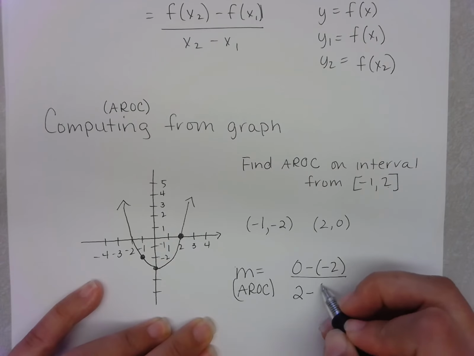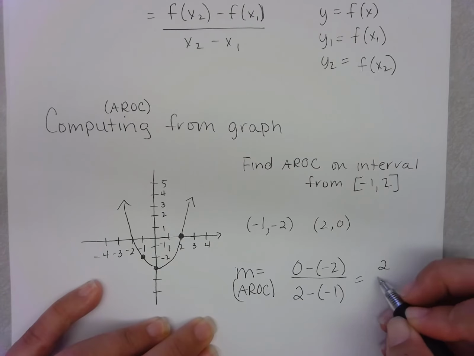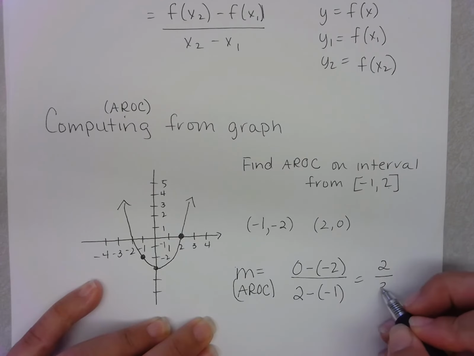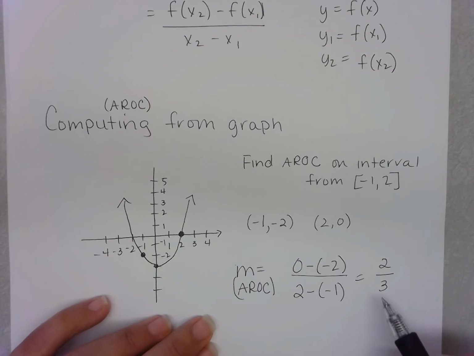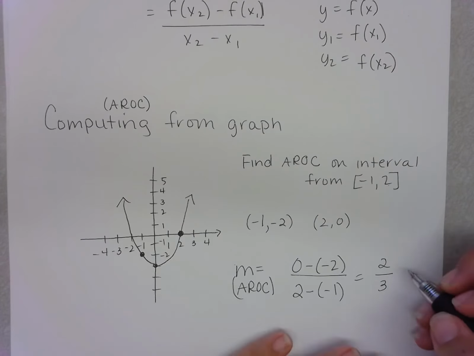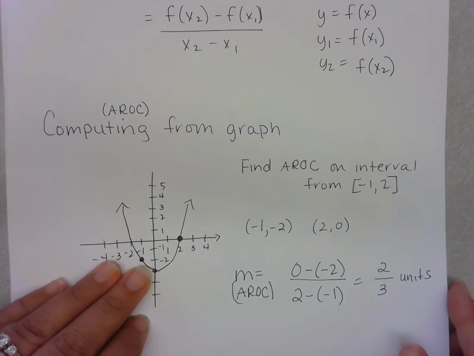So I get 2 minus -1. So the minus -2 becomes +2, and 2 minus -1 becomes +3. So my average rate of change between the 2 points is 2/3. This one doesn't have any units on it, so we'll just say units. But that is our average rate of change.